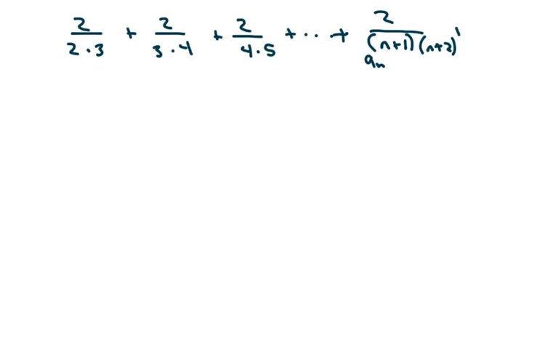So my next term is just going to be 2 at the top again, because that's always going to be 2. And the denominator is just going to be n plus 2 times n plus 3.